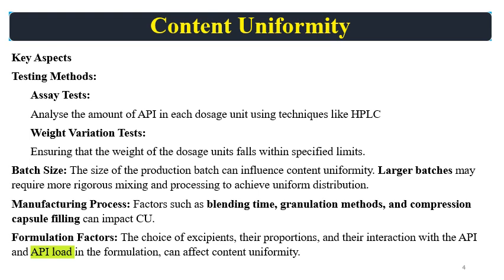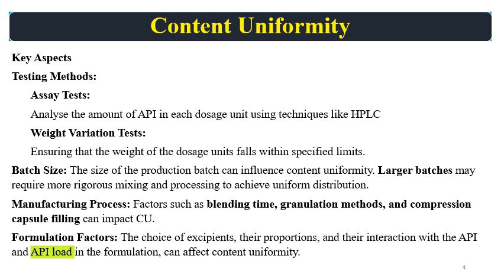Larger batches may require more rigorous mixing and processing to achieve uniform distribution of the API throughout the batch or dosage units. Manufacturing process factors like blending time, granulation method, compression, process time, compression machine speed, and capsule filling speed and process time have an impact on the content uniformity.